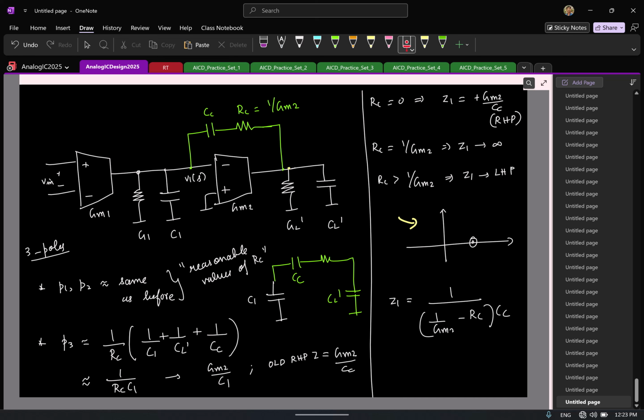So this approximation will not be fine, and even this third pole, which ideally would have occurred at a much higher frequency, will start to come to a low frequency, will impact your phase margin. Okay. So this is one simple thing you can do to actually get rid of the RHP 0, and it's something commonly done.